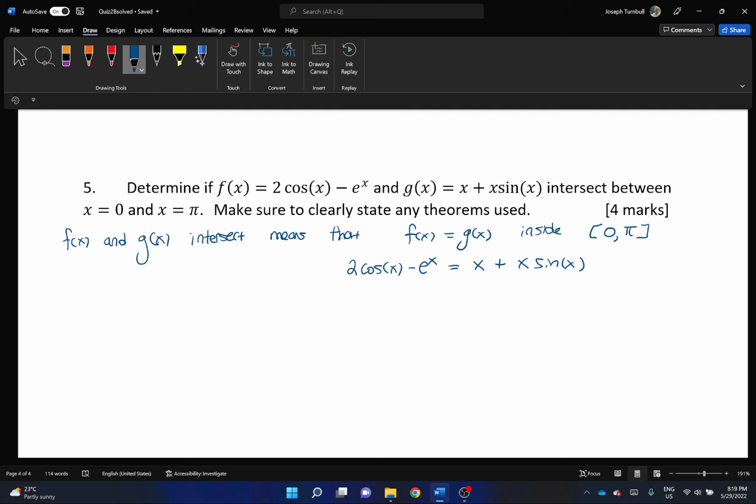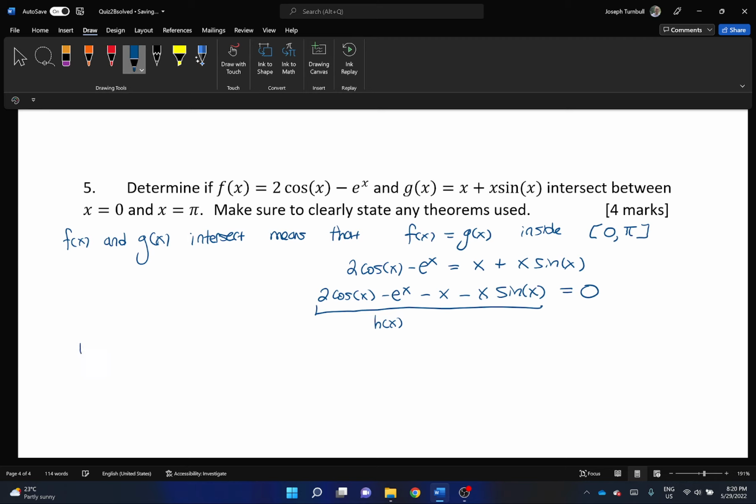And then reformulate this problem as looking for the solution to h of x equals 0. Anyway, so let's subtract x and x sine x from both sides. So we're going to have 2 times the cosine of x minus e to the x minus x times the sine of x equals 0. I'm going to call all of this h of x.